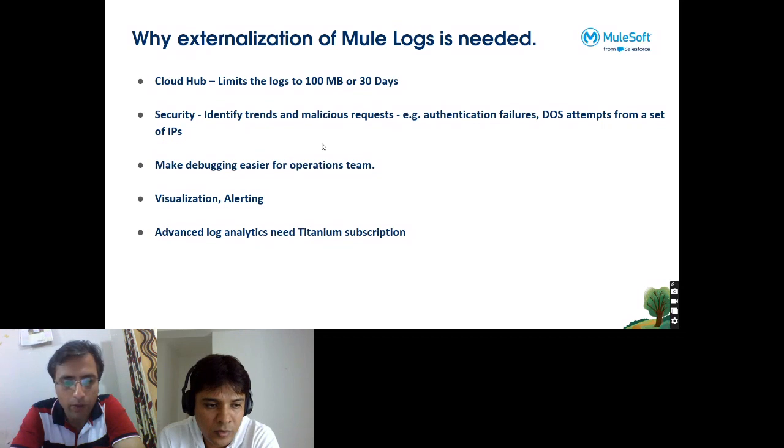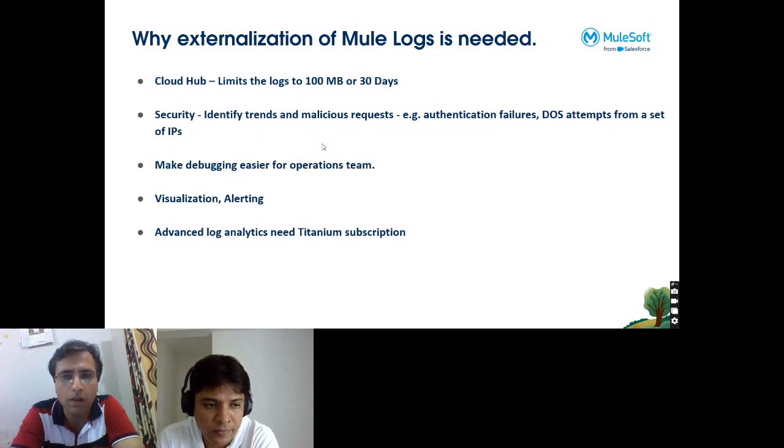Yes, it will be in the log4j2. Correct, so DDoS and authentication failures on the inbound request will be tracked at the gateway level itself. It will not even reach your application.